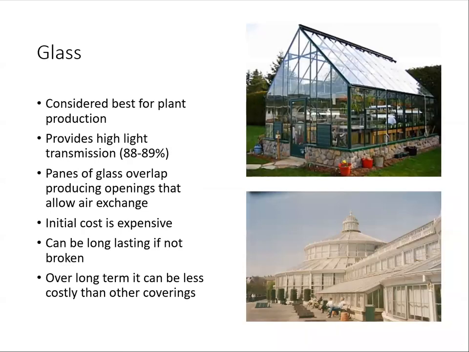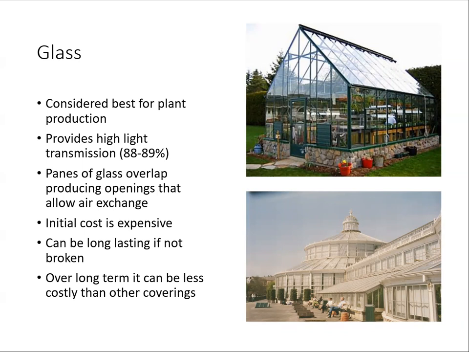Finally, we alluded to it a couple times, but glass greenhouses are considered the best for plant production because of how translucent they are, with high light transmission of 88 to 89%. Panes of glass overlap each other at openings to allow for air exchange.